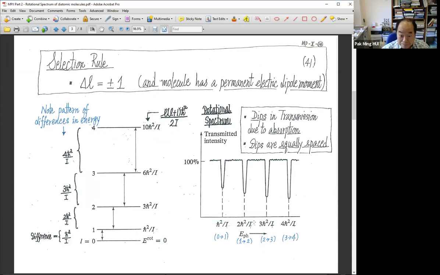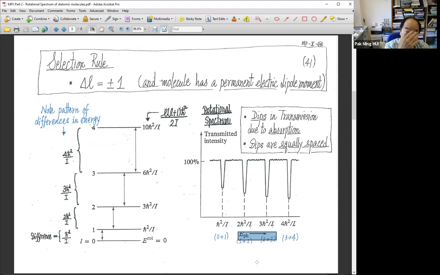It means the following. There will be a rotational spectrum of a molecule that happens in the microwave range. So this E photon corresponds to 0.001 eV order.